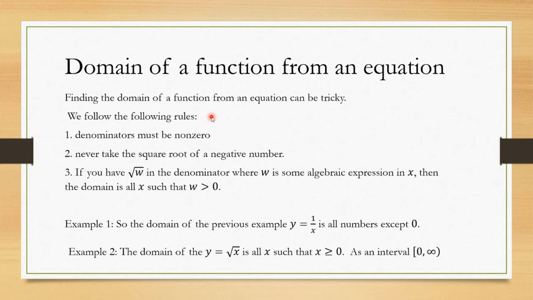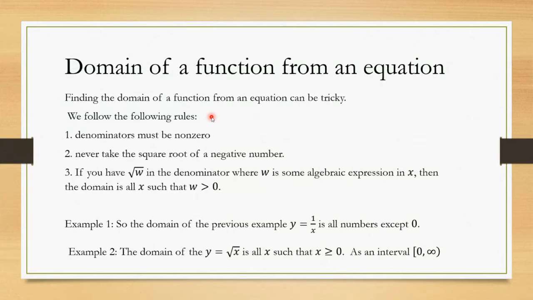Now, finding the domain from an equation. You can have a function defined by an equation in x and y. What you do is you sketch its graph in the Cartesian plane, and if the graph passes the vertical line test, then you have a function. I mean, what you actually have is y as a function of x.